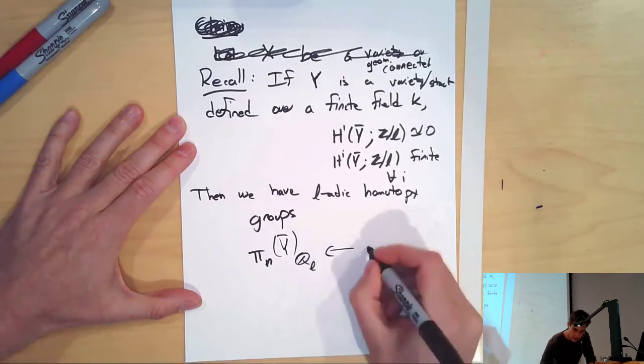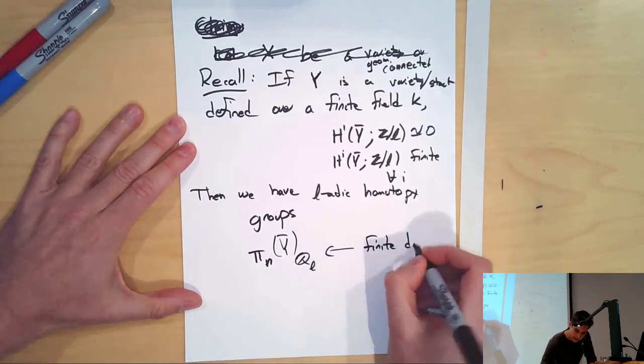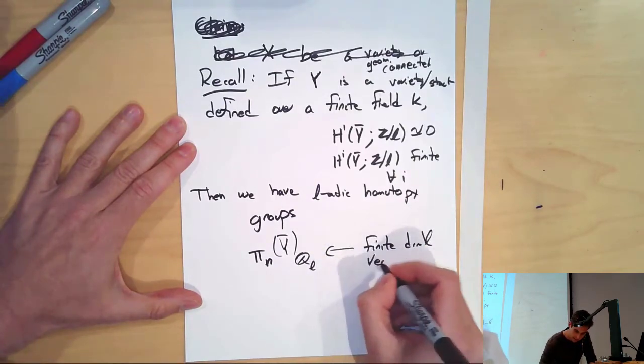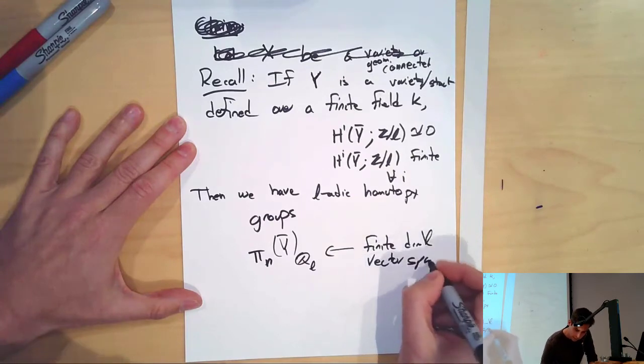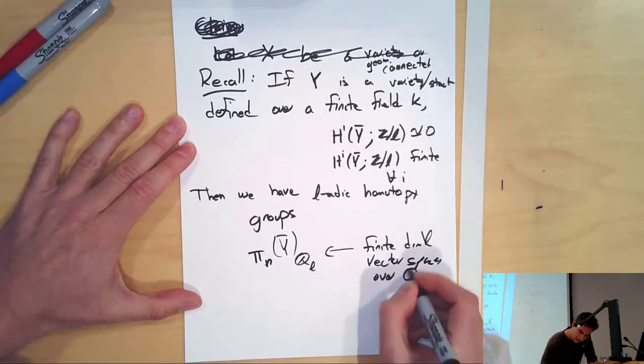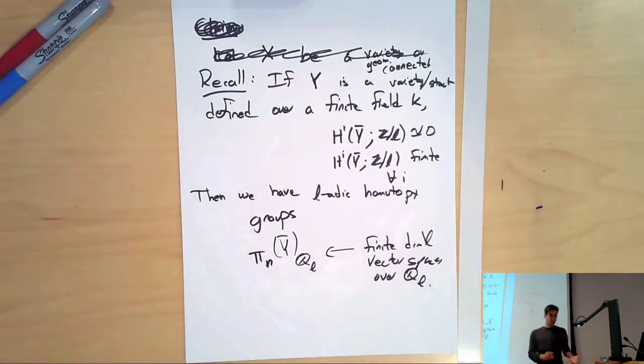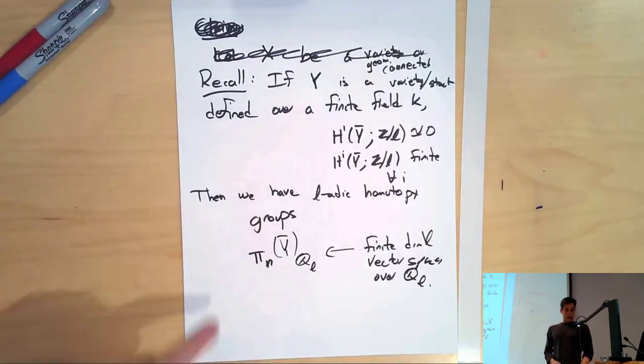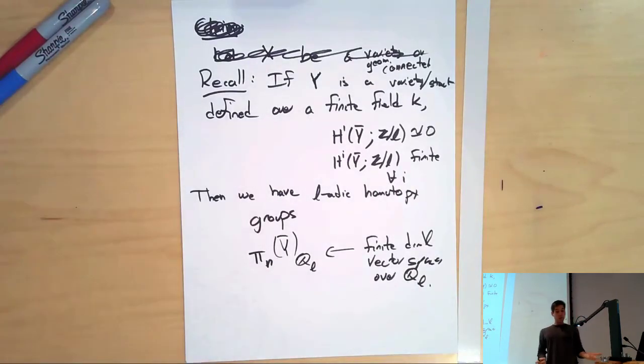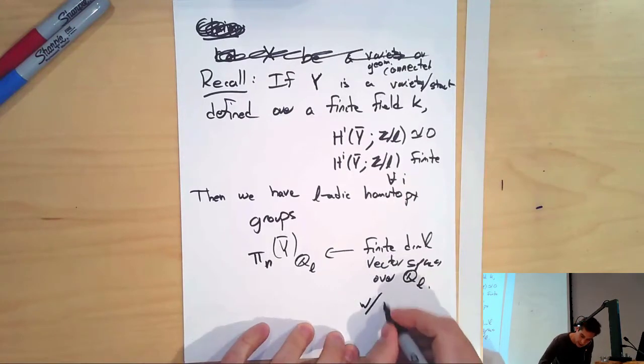So these are finite dimensional vector spaces over QL, and moreover, since they're defined just in terms of Y bar, but if I know Y bar comes from some Y, which is defined over a finite field, then these finite dimensional vector spaces have a canonical automorphism coming from the Frobenius of the ground field. So let's just say with a Frobenius.